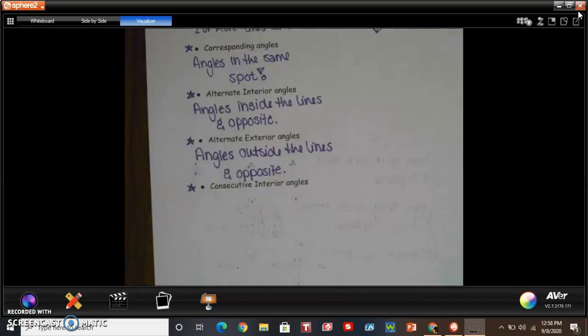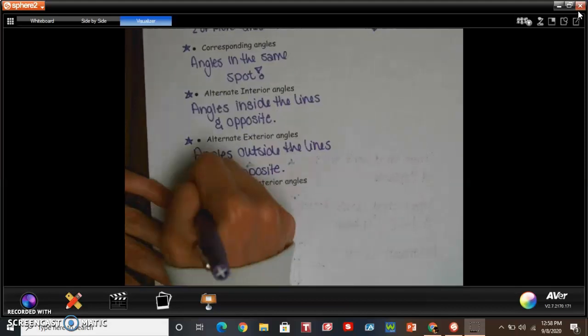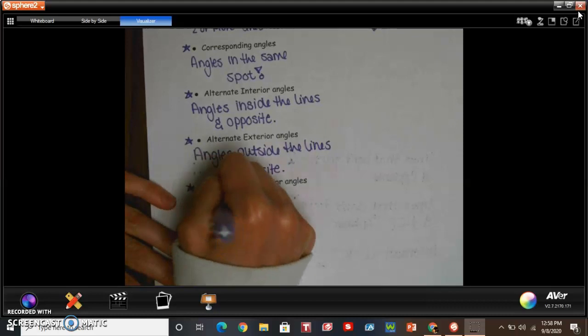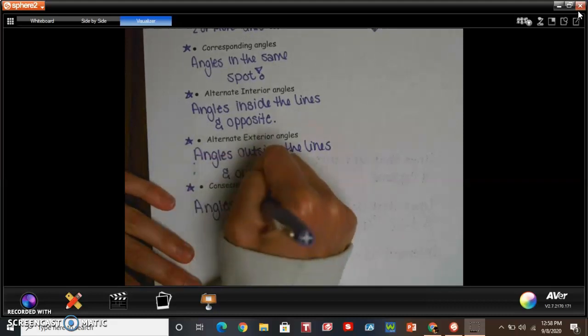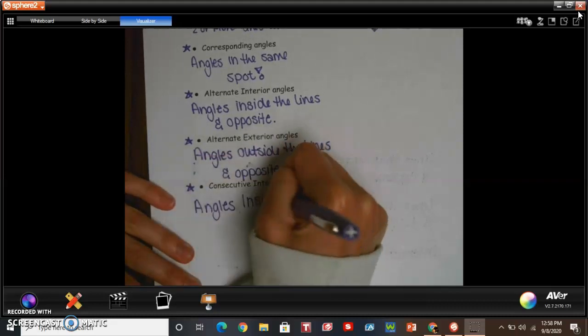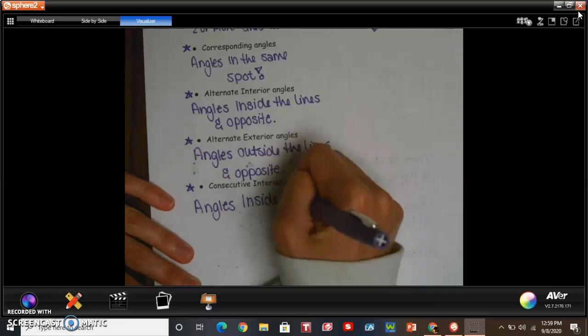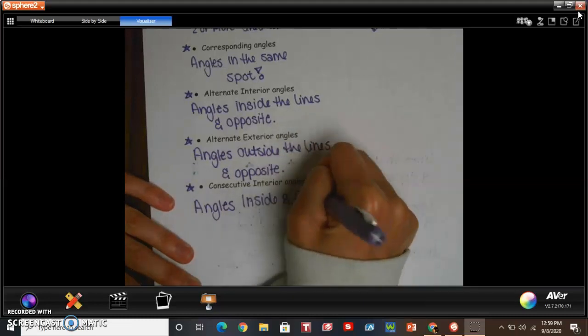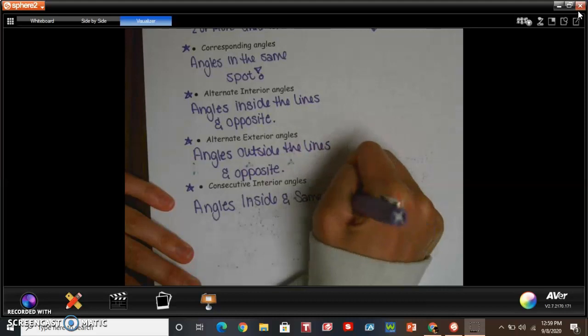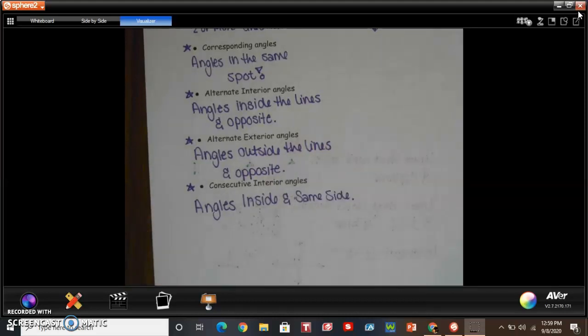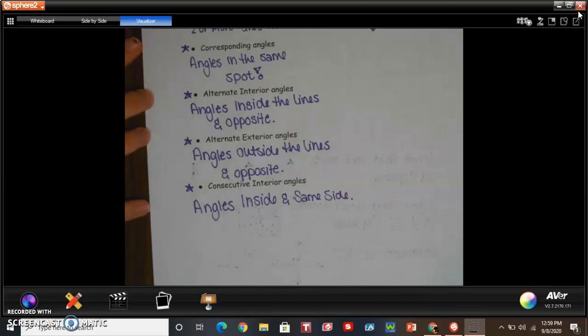And then consecutive interior angles. These are angles inside and same side. All right. Now, let's go ahead and practice taking these 4 vocab words and being able to identify the relationship.